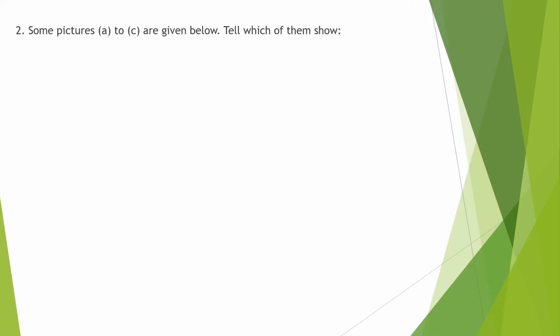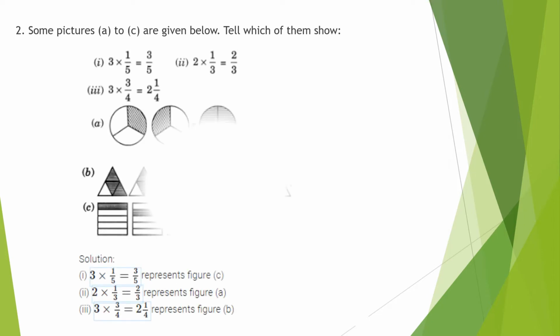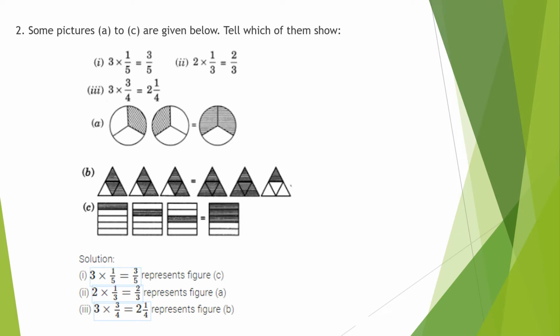Next, question number 2. Some pictures A, B, C are given below. Tell which of them show 3 into 1 by 5 equal to 3 by 5. Here it is given in fractional form. We can find the pictorial representation of 3 into 1 by 5. For that, first we see the figure with 1 by 5 as a fraction.